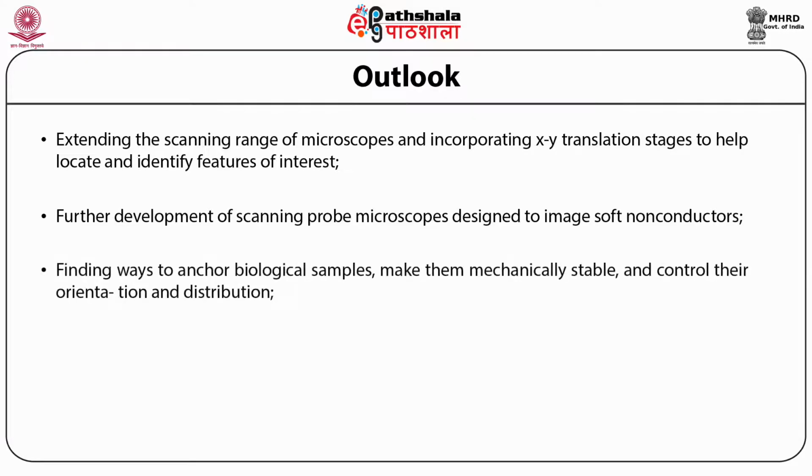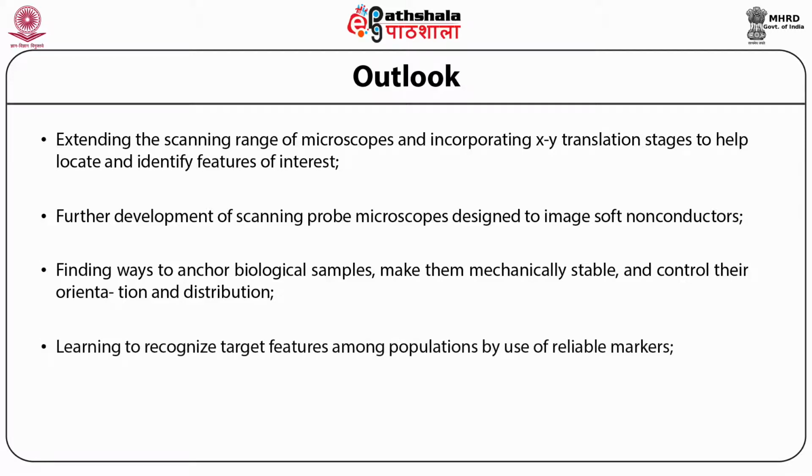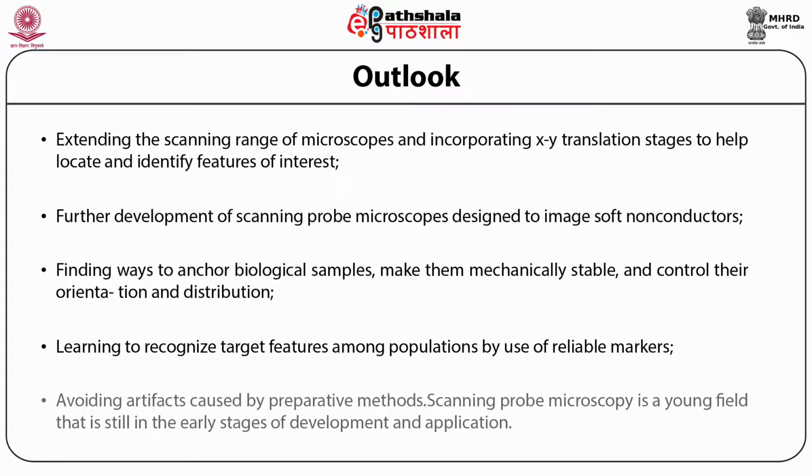Thirdly, finding ways to anchor biological samples, make them mechanically stable, and control their orientations and distributions. Fourth, learning to recognize target features among populations by use of reliable markers. And fifth, avoiding artifacts caused by preparative methods, etc.